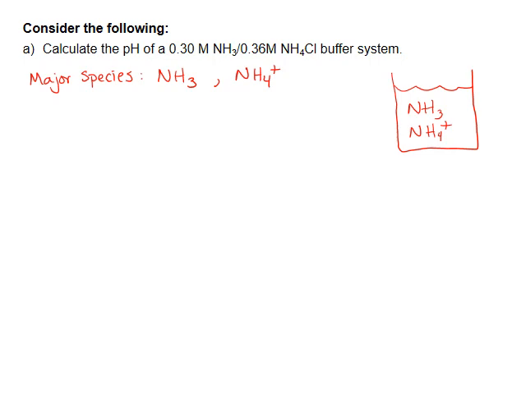We have ammonia and we have the ammonium ion from the ammonium chloride. Ammonia is going to be our weak base. Ammonium is our weak acid. And these are a conjugate pair, so this is our buffer system.